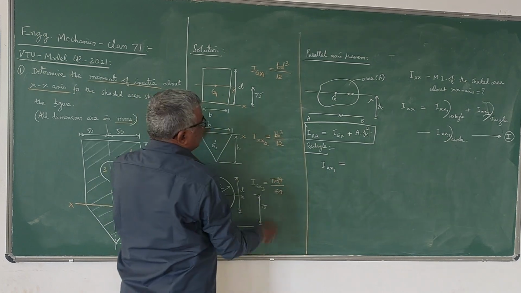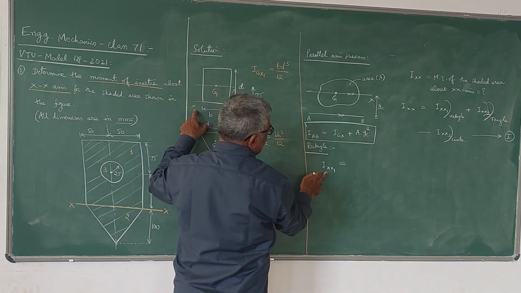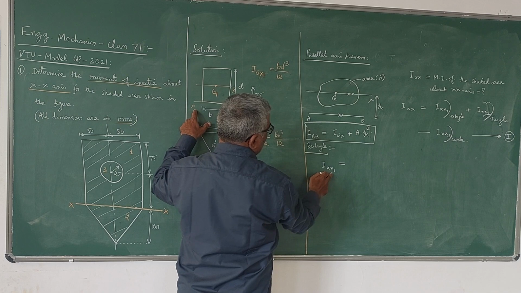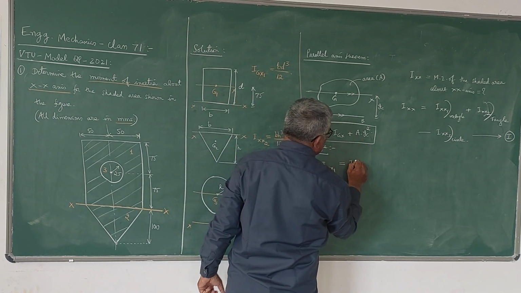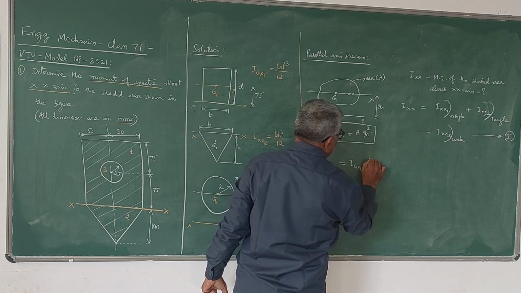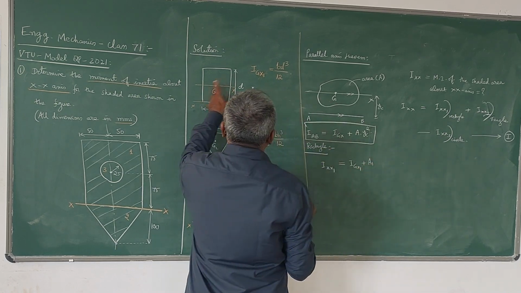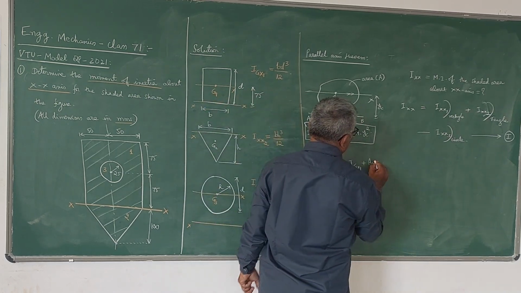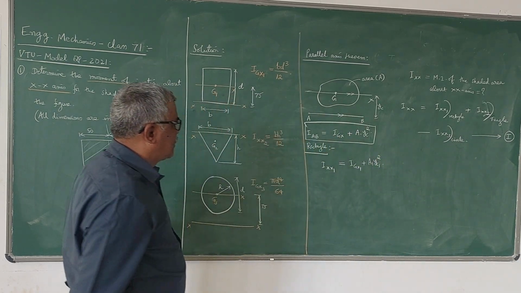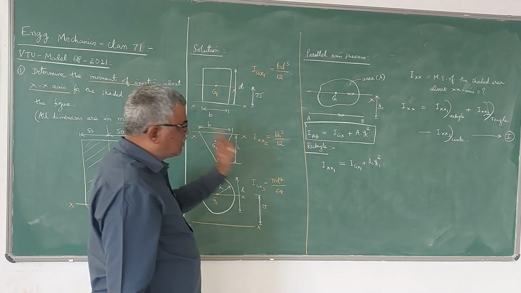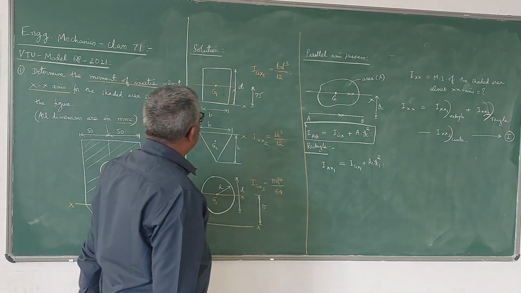So therefore what I can write here is Ixx1 will be equal to IGx1 plus A1, the area of this rectangle portion, into YC1 square. Please note that 1 stands for the rectangle.